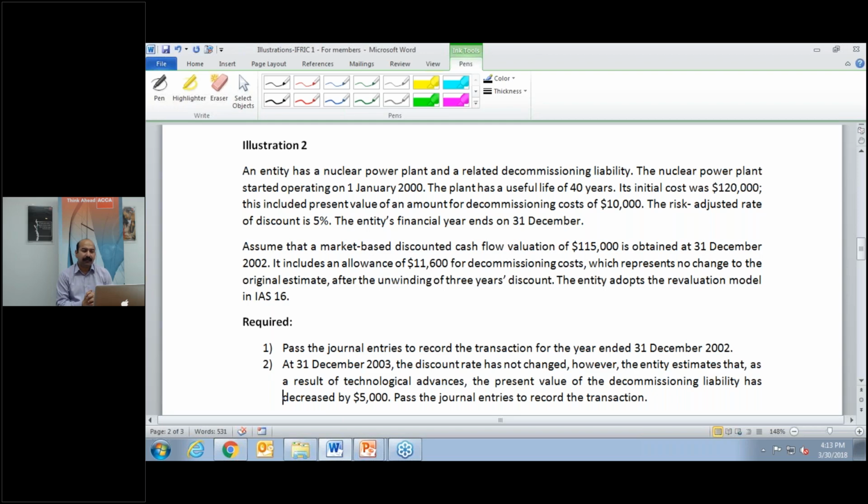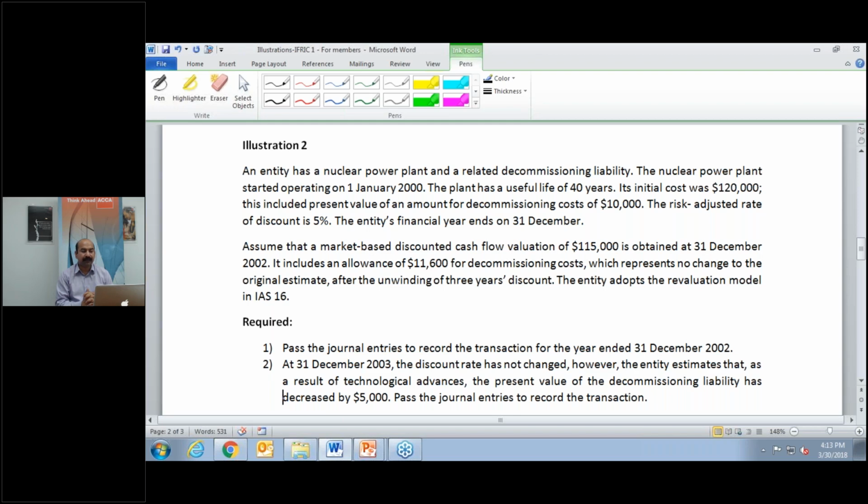An entity has a nuclear power plant and a related decommissioning liability. The nuclear power plant started operating on 1st January 2000. The plant has a useful life of 40 years. Its initial cost was $120,000. This included the present value of an amount for decommissioning cost of $10,000. The risk-adjusted rate of discount is 5%.